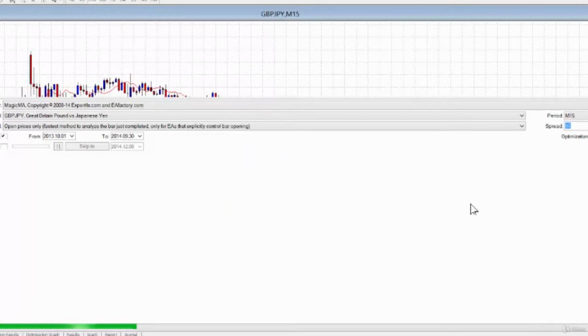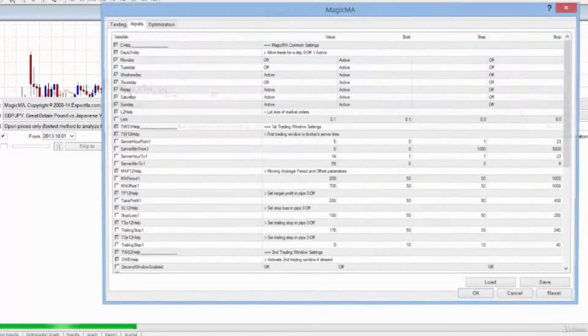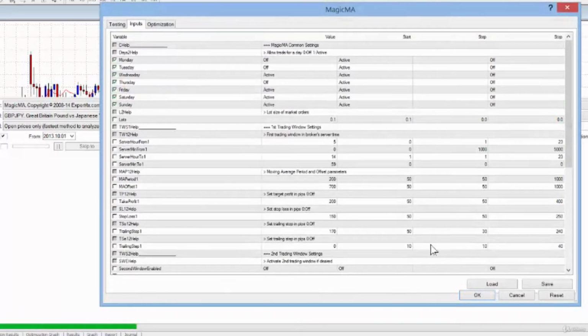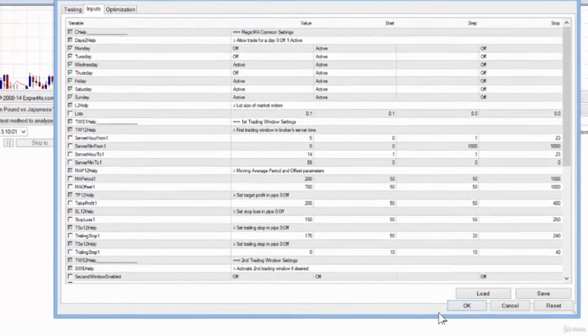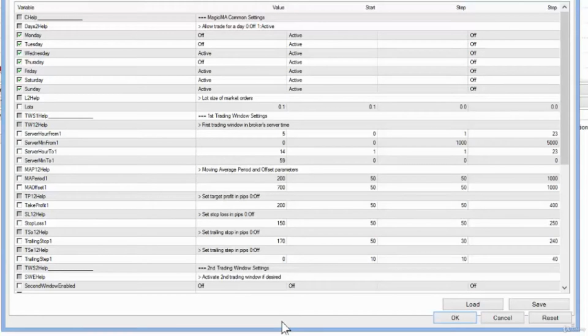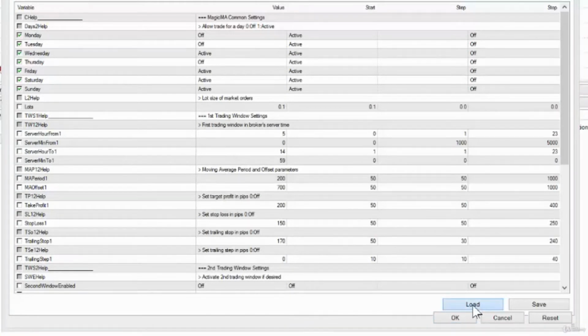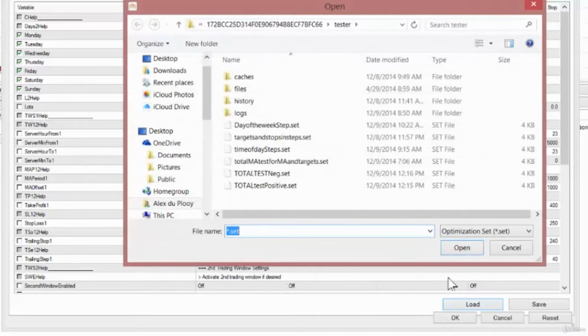We're back at our strategy tester, and I'm going to click on expert properties to go into the EA settings page. First of all, I want to load the settings that gave us the just over $1,000 income, which is the one based on the day of the week setting.